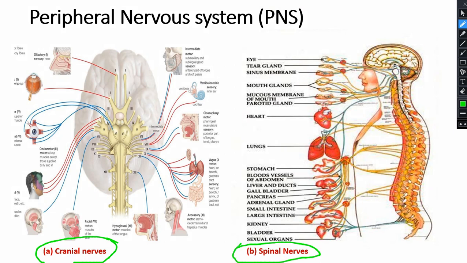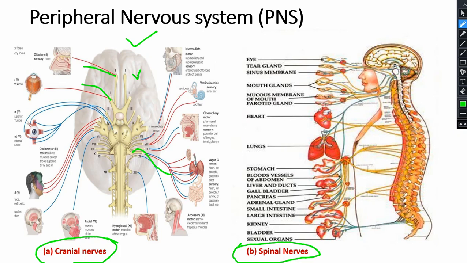First of all we will look at the cranial nerves. If you look, this is the brain, and the nerves originate from the brain, and are distributed to all parts of the face and neck, like nose, eyes, face muscles, head muscles. And some nerves also pass to the lungs, intestine and ears.